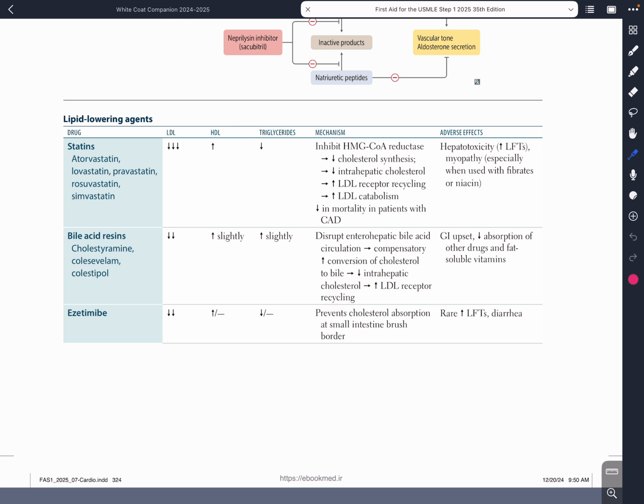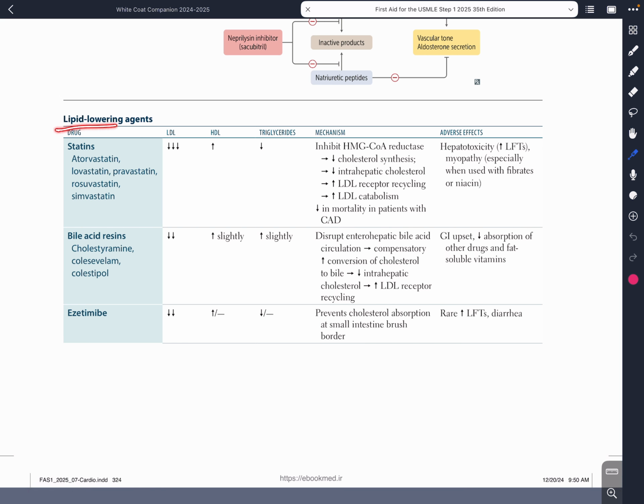An adverse effect of bile acid resins is GI upset, because they decrease absorption of other drugs and fat soluble vitamins. Fat soluble vitamins are A, D, E, and K, so vitamin A, D, E, and K deficiency can be experienced if you take bile acid resins regularly, and you can also experience generalized GI upset like abdominal pain.